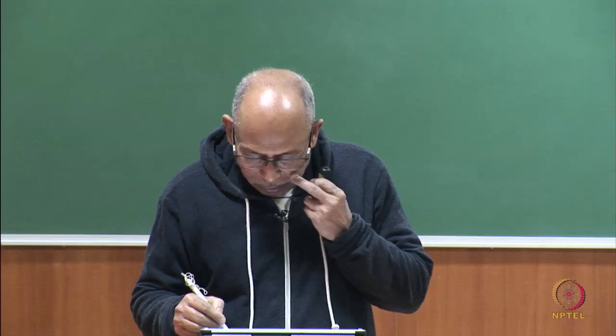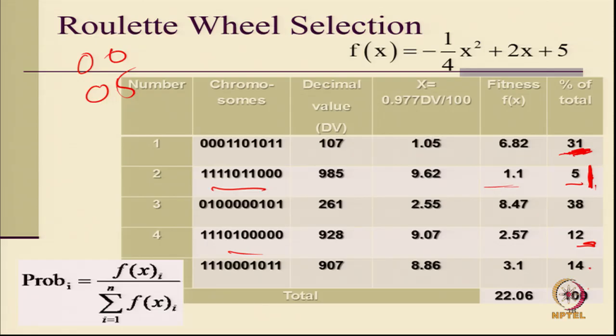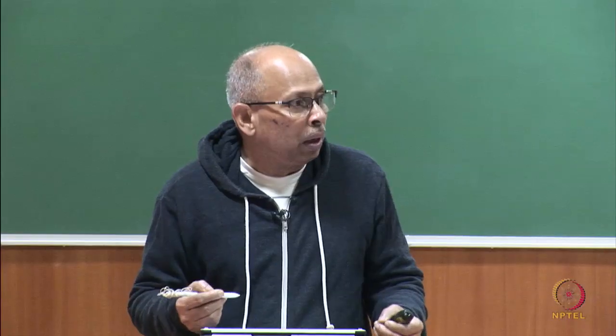And the next one is 17 plus 14, so if it is between this then I will generate this number, and if it is beyond that then I will generate up to 31, and the last one would be 38. This is the largest value of the fitness, and it has a 38% chance of being selected, because I am summing them up and dividing by the cumulative total value.